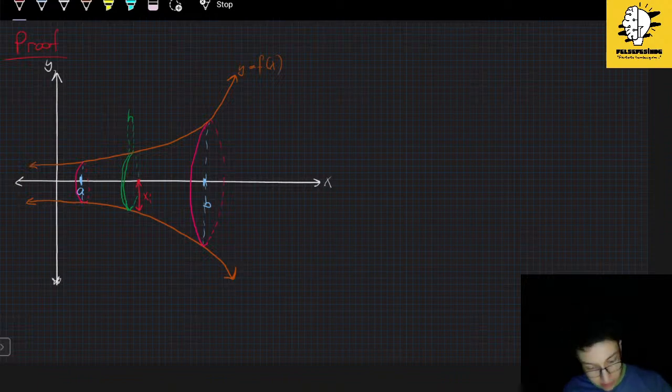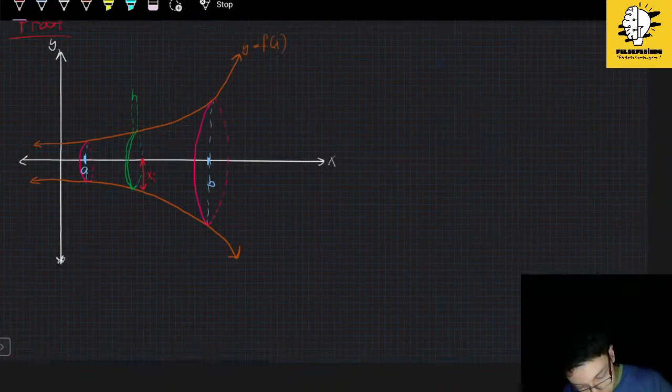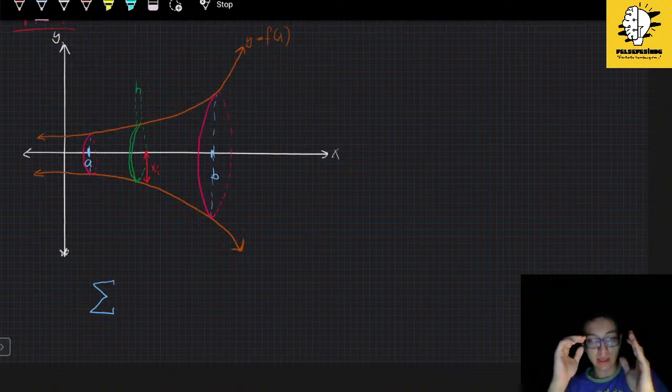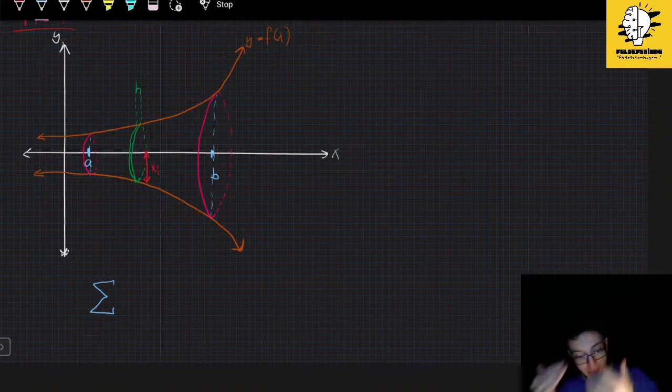Now, I will say sigma, I will calculate their volumes. I know that if I have a disk, its area would be pi r squared, right? And its volume will be pi r squared times h. Now I will say pi. What is my r value?